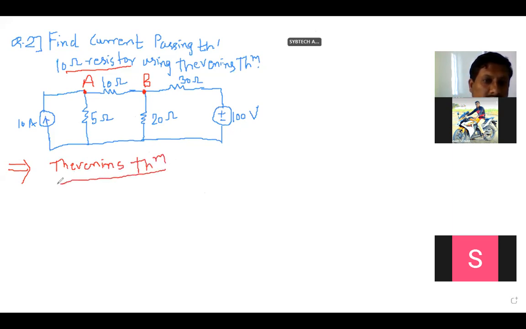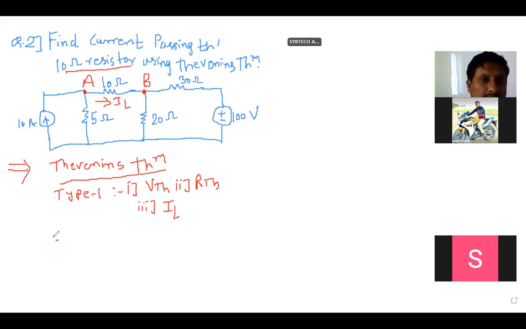So for that purpose, I have to find VTH, second RTH, and third the current passing through 10 ohm, that is IL. I have to find this current IL which is passing through 10 ohm. Now I will draw the circuit diagram because the first step I will complete. Remaining steps you can do.